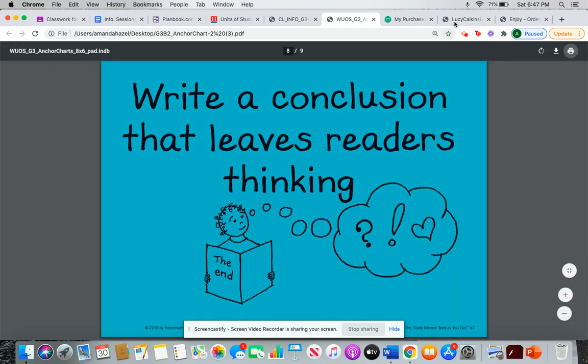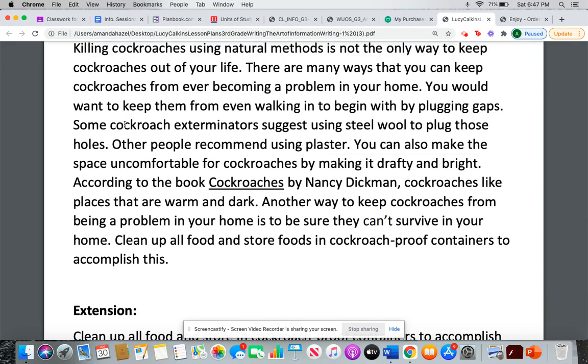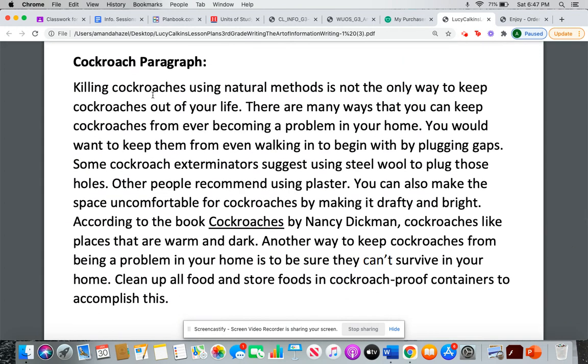Okay, so let's look at some cockroach writing and think about what it does well, or what it needs more of. Killing cockroaches using natural methods is not the only way to keep cockroaches out of your life.